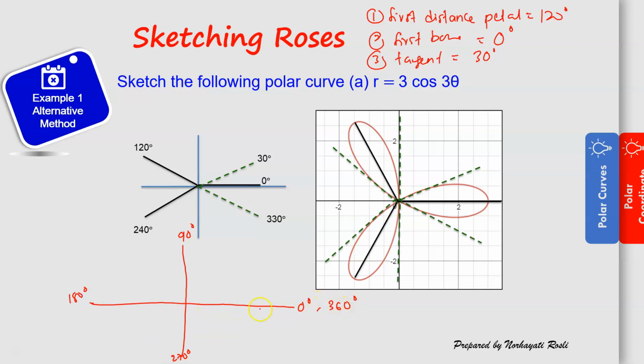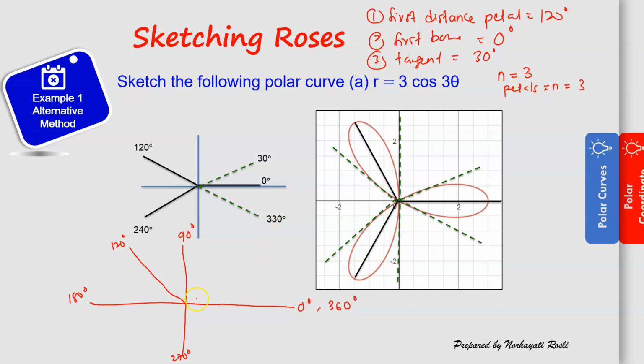So starting from the first point, you will have the first distance petal. After this, your first distance petal is 120 degree, meaning that let's say somewhere here. And then you know that the number of petals n equals 3. So the petals will be equal to n, which is 3, because n is an odd number.